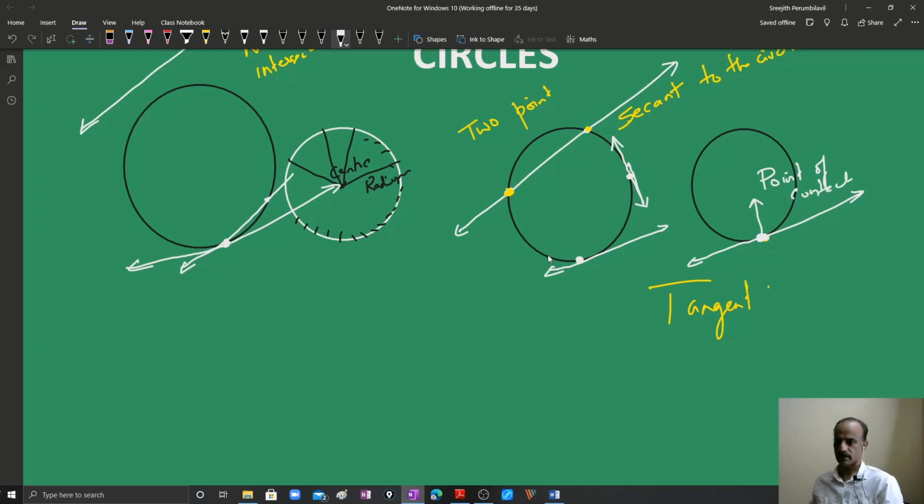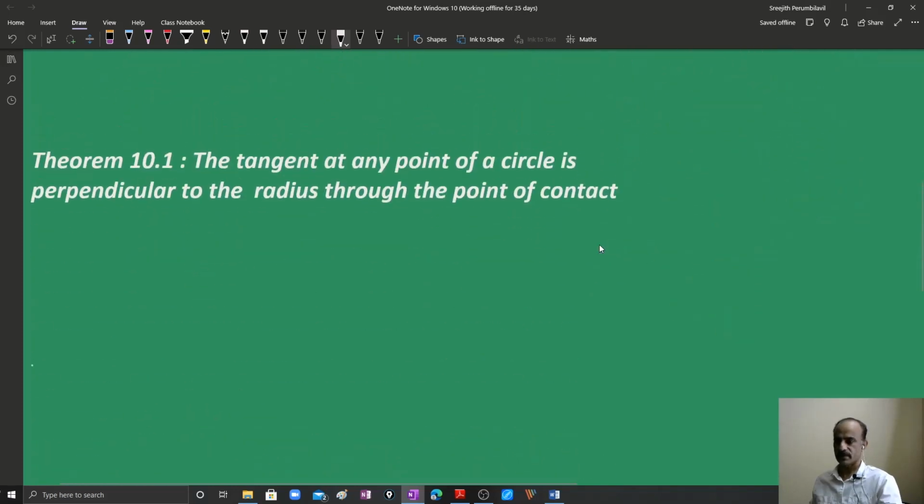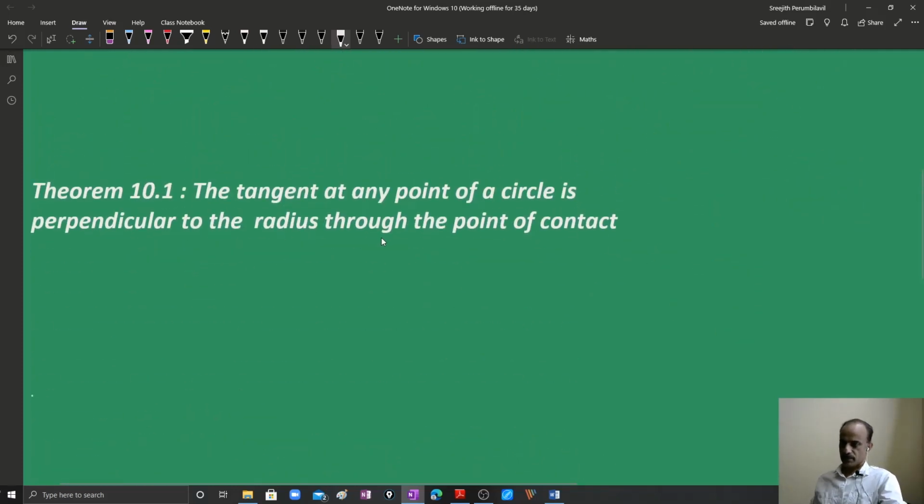The circle has a center and radii; this is also a radius. So the theorem says the tangent at any point of a circle is perpendicular to the radius through the point of contact.